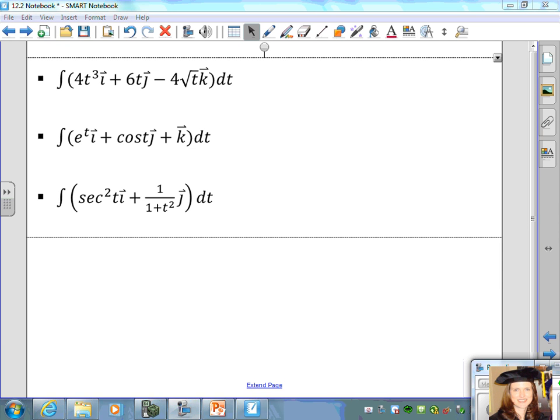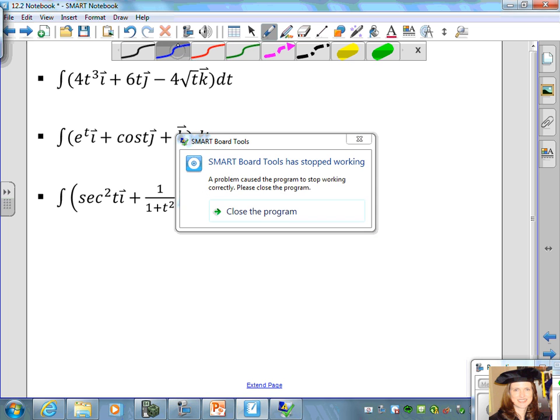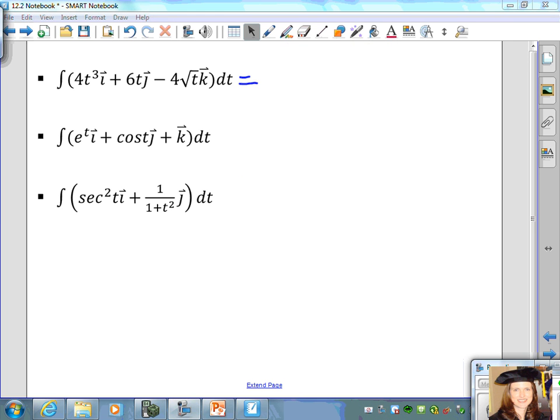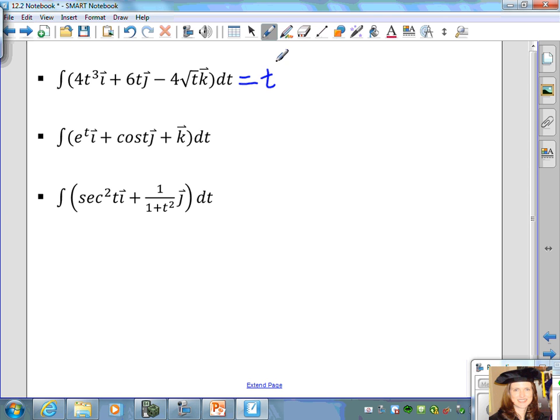Let's integrate the vector-valued function 4t cubed i plus 6t j minus 4 square root of t k dt. You're integrating with respect to t. We're going to integrate each of the components. The antiderivative of 4t to the third power is equal to t to the fourth plus a constant.